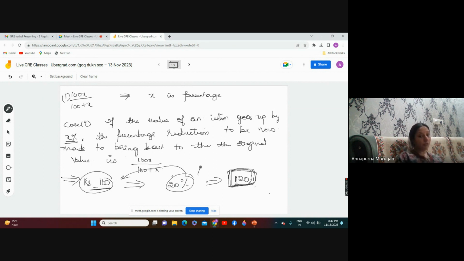So we use this formula to know this exactly. 100 into 20 divided by 100 plus 20, that is nothing but 100 into 20 divided by 120. So 20, 26, then 2 3s, 2 50s.